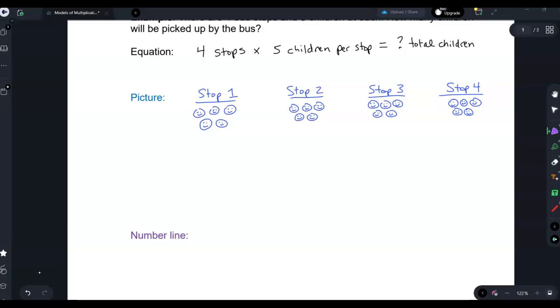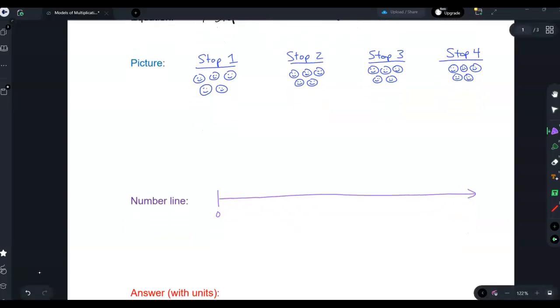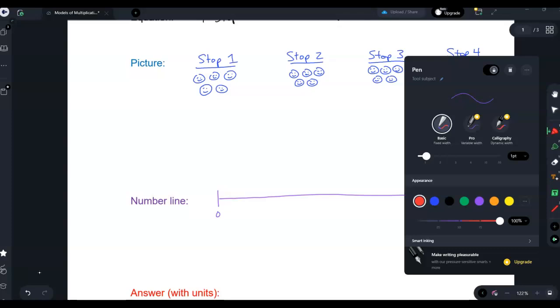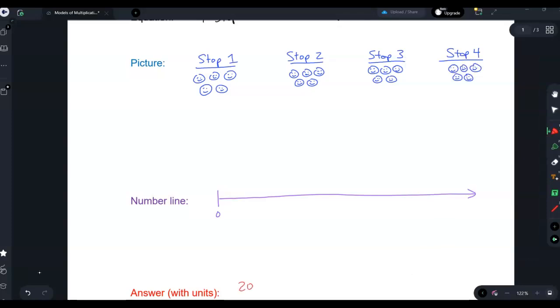So if your student is making a number line, they're not going to know how far out to go with their number line, right? So I would know to start at 0 just because I can't have a negative number of children. As the teacher, we would know that we want to go at least out to 20, since that's going to be our answer here. Our answer on this one is going to end up being 4 times 5 is 20 children total.